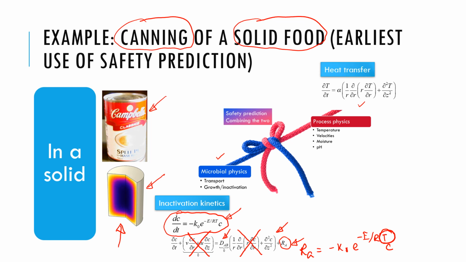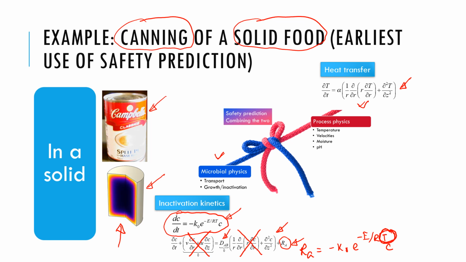The process physics in this case is simply heat conduction in cylindrical coordinates, because it's a cylindrical can. So it is the temperature that couples the two physics, this one and this one, to provide the safety information.